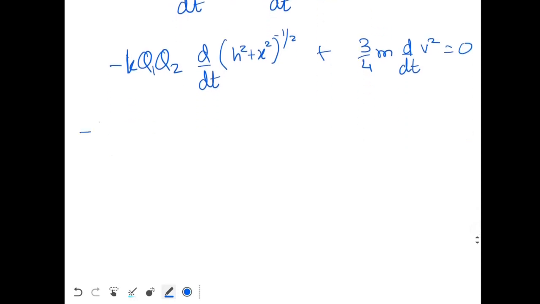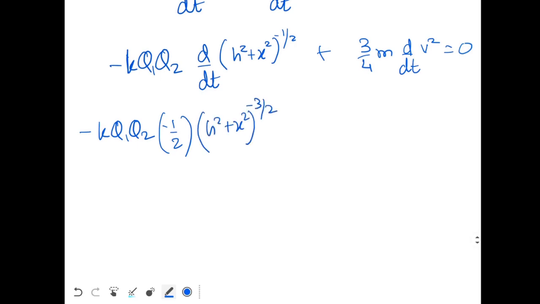So you will get minus k q1 q2, apply chain rule. So first minus 1 by 2, then (h square plus x square) power we will get minus 3 by 2, and then we get 2x dx by dt, plus 3 by 4 m, and the derivative of v square will give you 2v dv by dt.